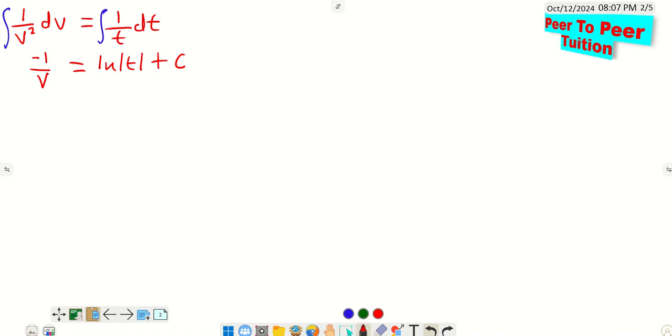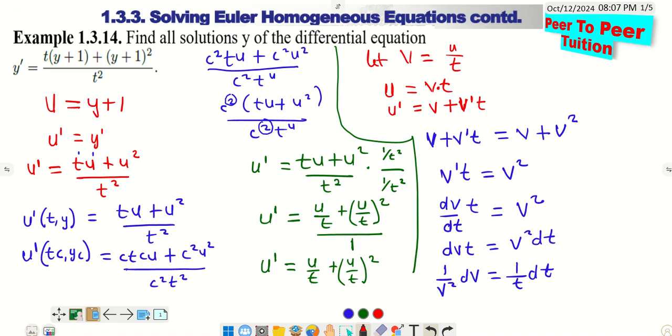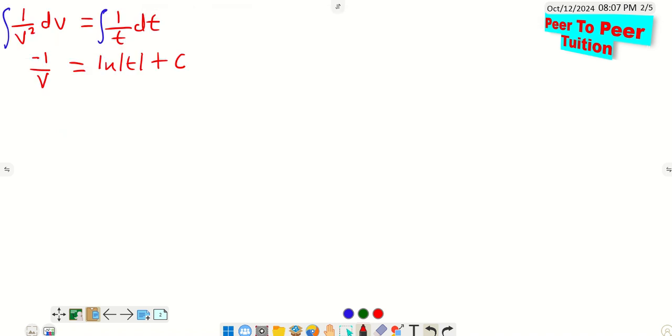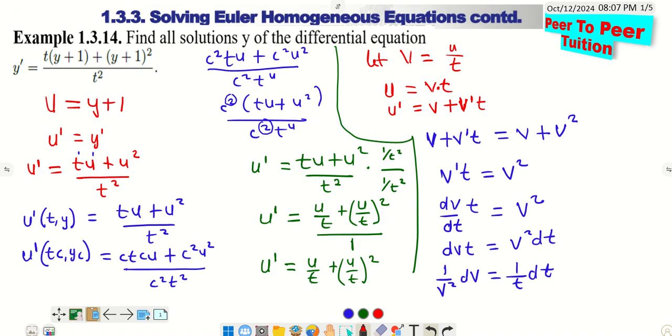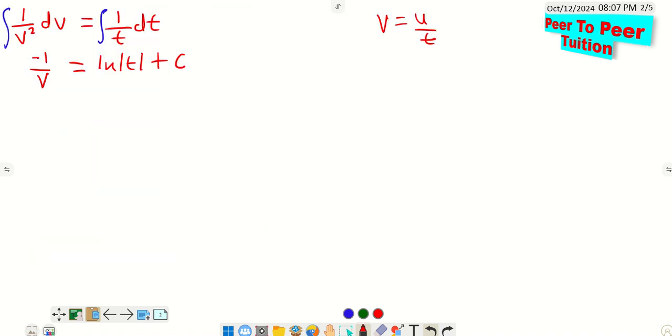So the next thing, let's go back and see something. Remember that v is equal to u over t. Let's write that one down. V is equal to u over t. Then also, let's take note that u is equal to y plus 1. So we are going to do the substitutions here.